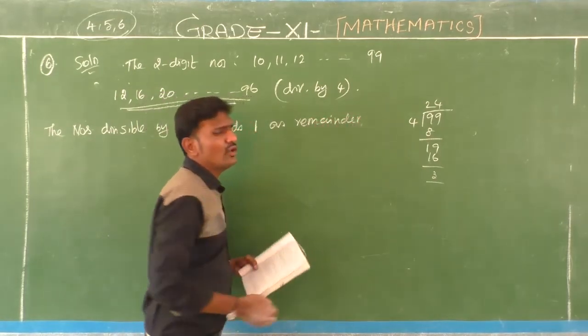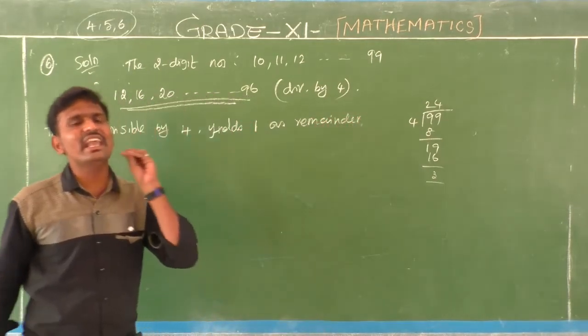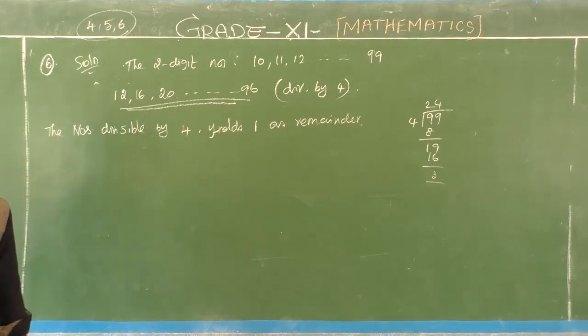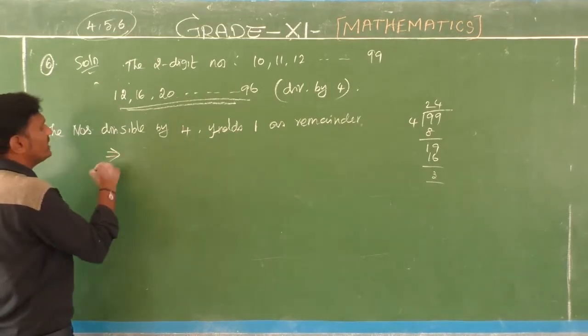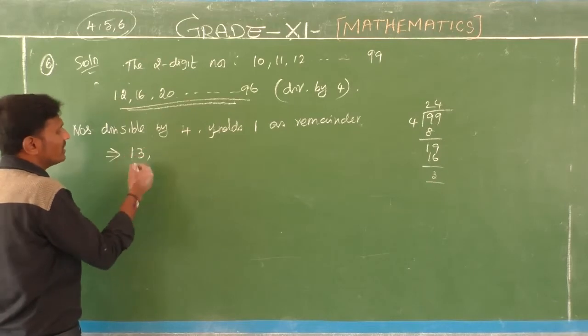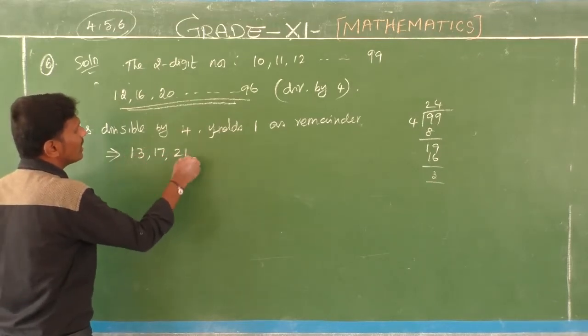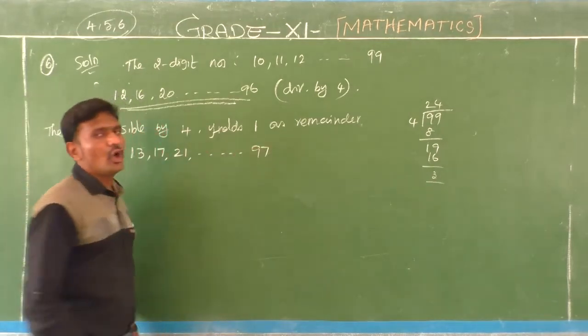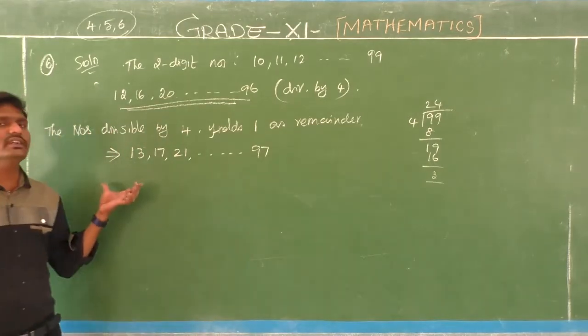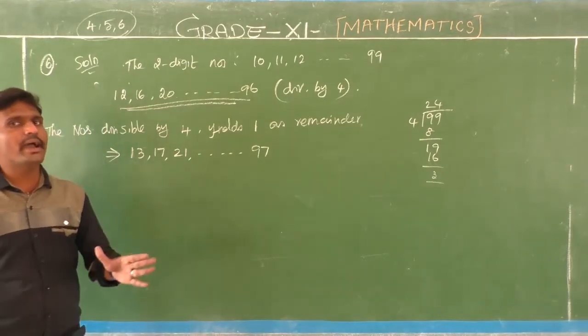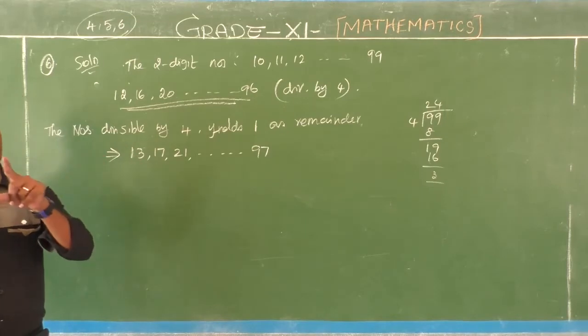It is very simple. You have to add 1 to each and every term of the sequence. So the final sequence you are going to take is 13, 17, 21 up to 97. Why? Because in this sequence every term is divisible by 4 with remainder 1.